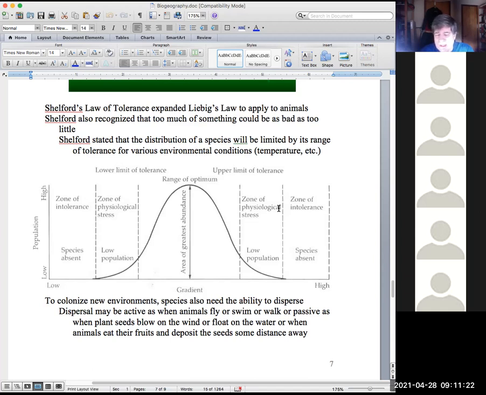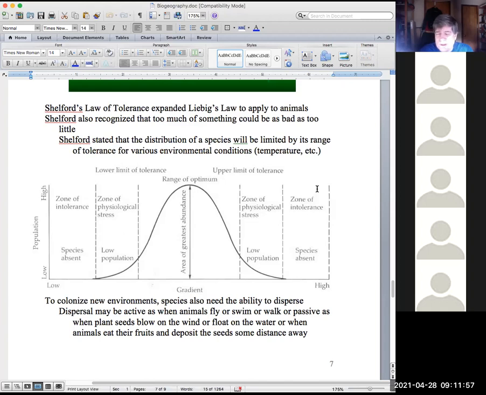The same applies to other types of organisms. So beyond the zone of physiological stress, we have a zone of intolerance, where the organism that we're looking at can't tolerate that condition, that temperature, might be the salinity of the water that an organism is living in, might be the amount of light that's available for a plant. If we get beyond the zone of physiological stress, we're in what's called the zone of intolerance, and the species will be absent there.